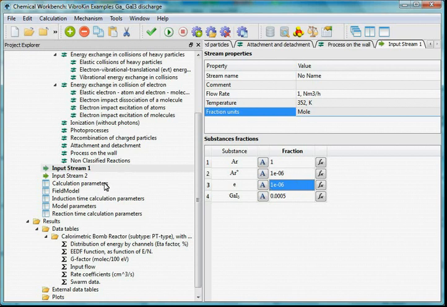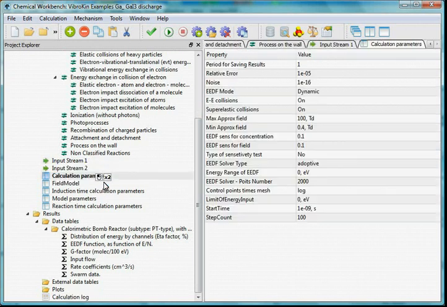The project contains some calculation parameters which are necessary to provide a successful calculation process. Some of them are very important. Two types of calculation of the electron energy distribution function are supported.